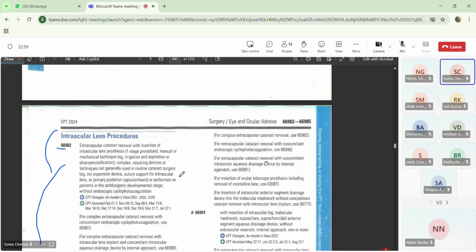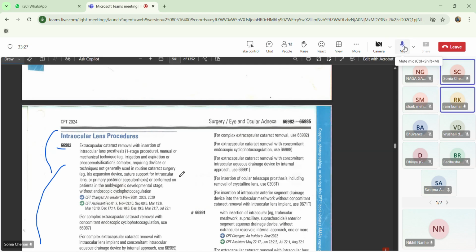So what are the terms you will search for while coding cataract surgery? Malyugin ring, methylene dye, capsular tension rings.